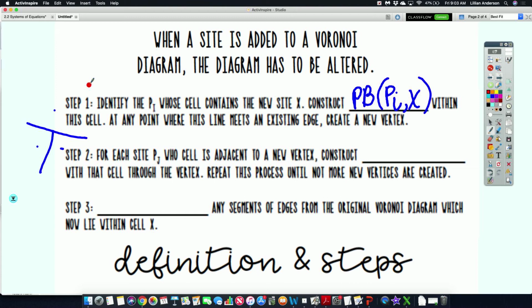So you identify P sub i, which represents one of the sites that already exists within the cell that contains the new site. Out of these 3 blue sites, A, B, and C, which site am I going to use to construct this perpendicular bisector? You're going to use C because it's in the same cell.